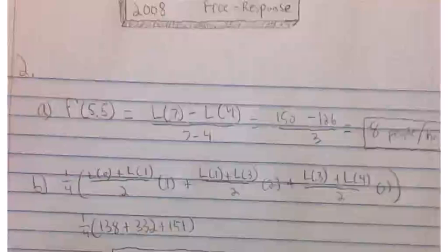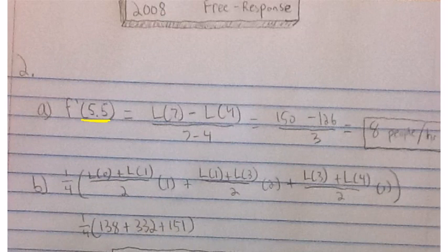The question asks us to use the data in the table to estimate the rate at which the number of people waiting in line was changing at 5:30 p.m. Immediately, once I hear changing, I think derivative. And of course we have to show our work and include units of measure, just like in any other free response question. So it's basically just asking for the derivative at 5:30, or 5.5.